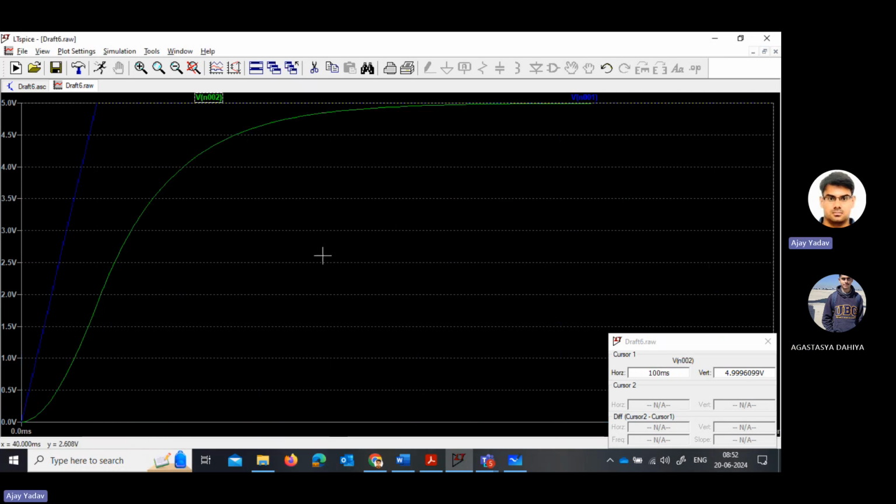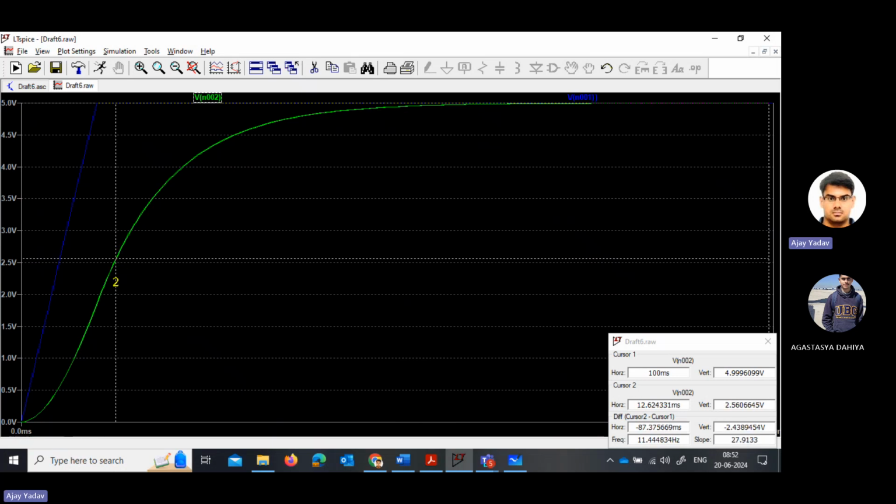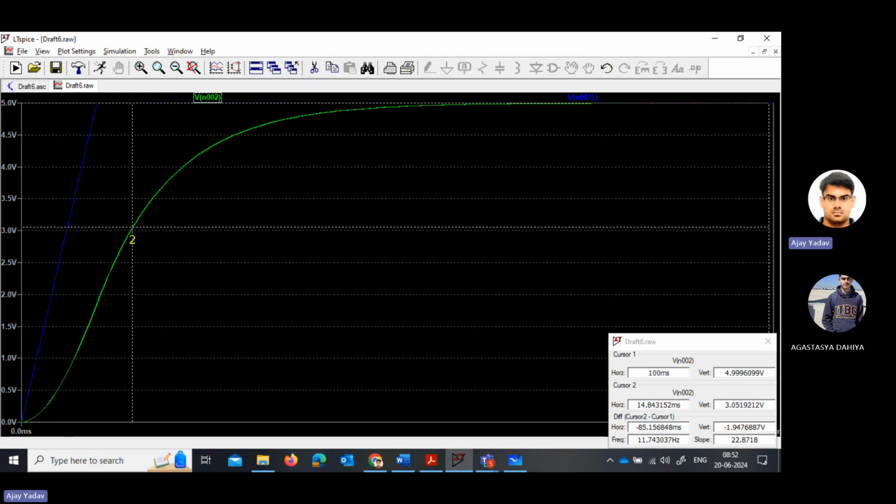So I will go for this. You can see here that within this we will try to obtain this. So here we want to obtain the value at 3.15. So the horizontal, vertical.